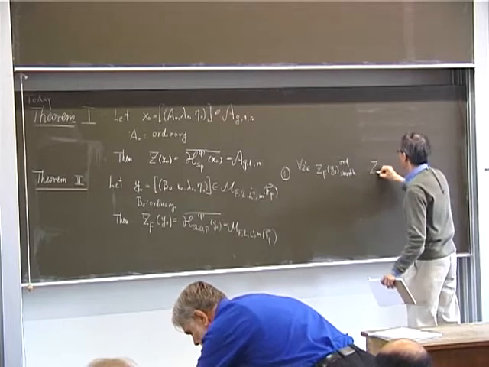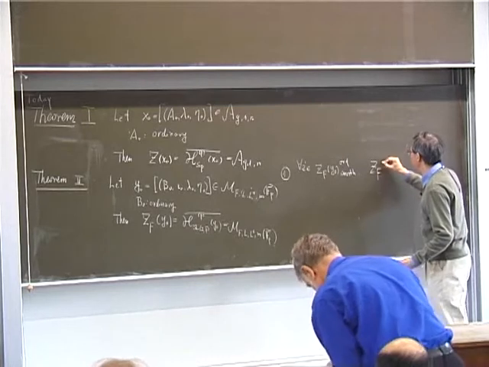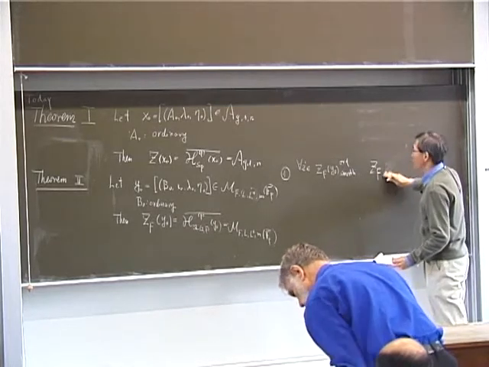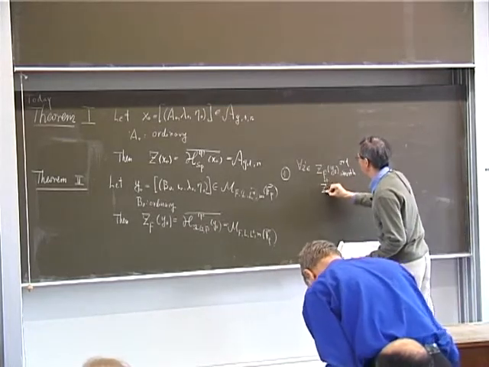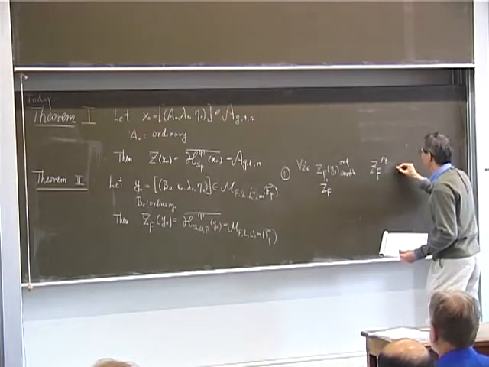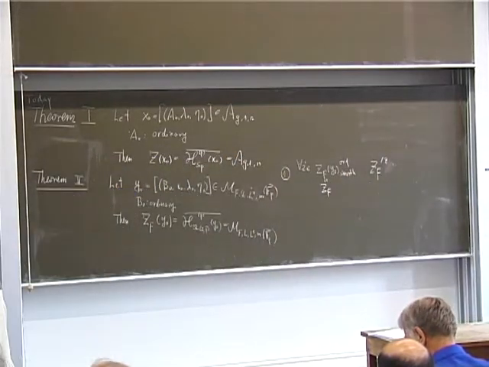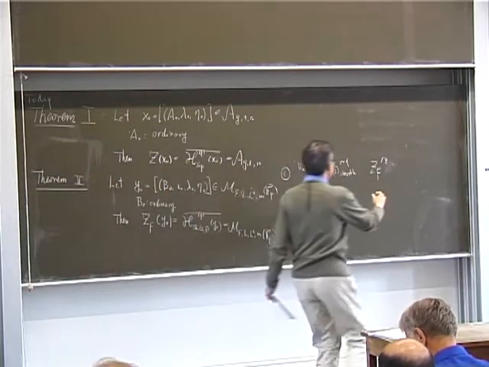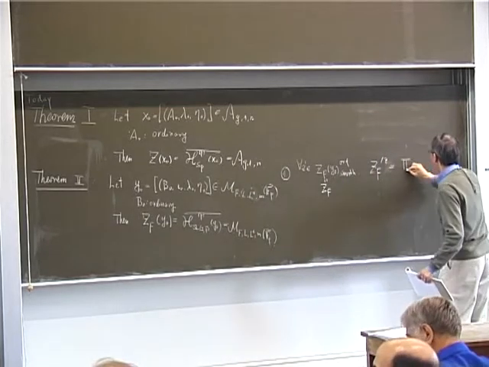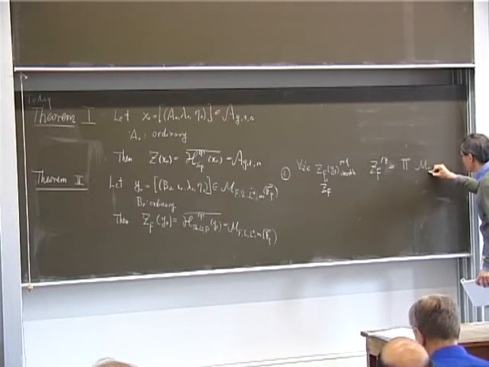So if one takes a formal completion, I'll just write this as Z^ over Z, then this is equal to a product of the factors that we discussed previously.